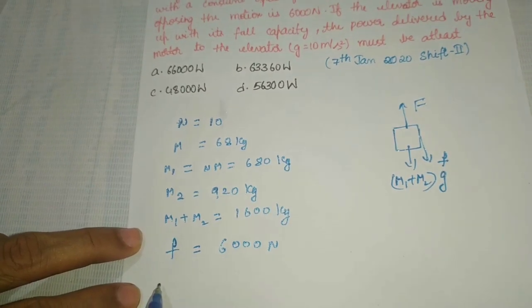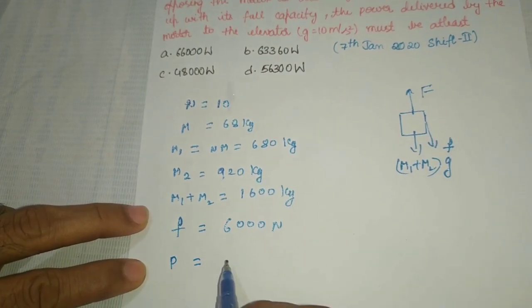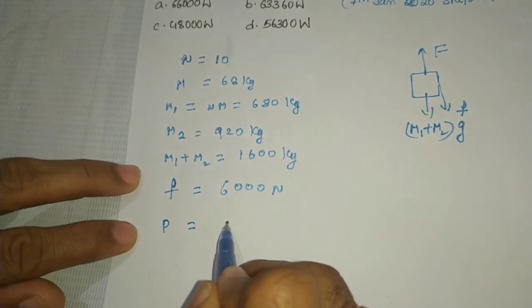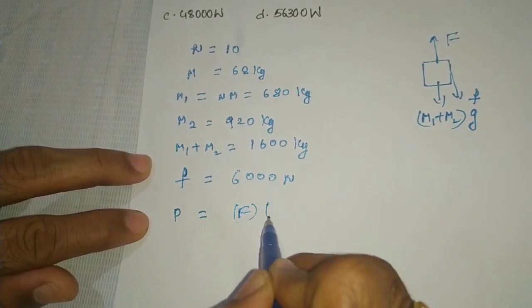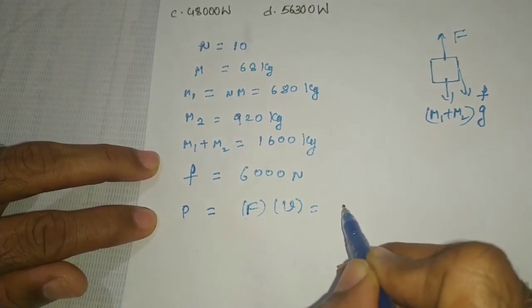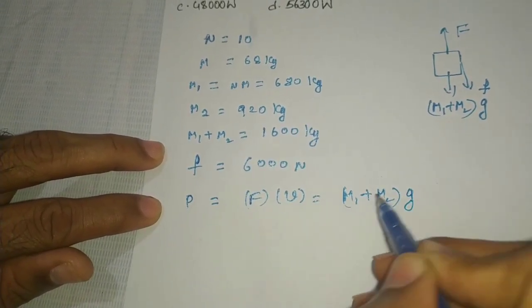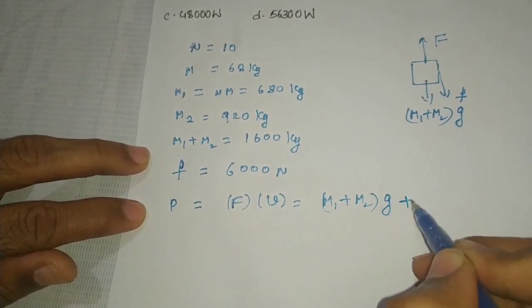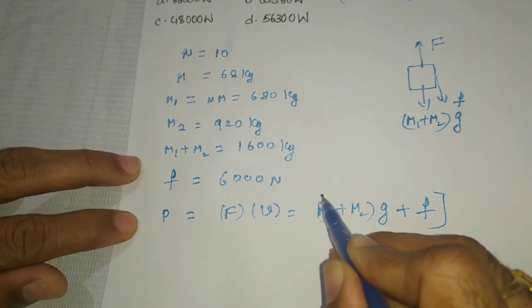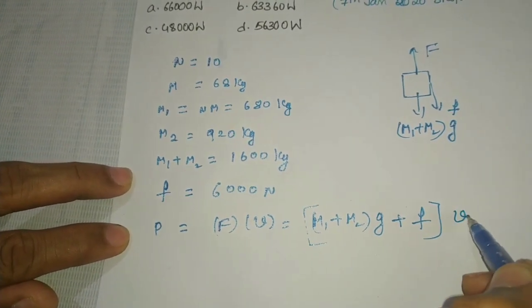Then the power required to move the elevator is F into V, force into velocity. Force means weight of the persons and elevator plus frictional force, the net force required to move the elevator, into V.